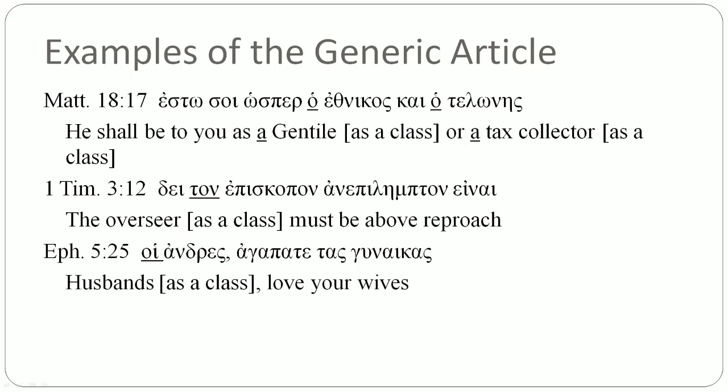The overseer, and here's a good example of lots of Greek rules are meant to be broken. The textbook translates this as the overseer. I wonder if it would also be okay to translate as an overseer. Okay. As a class, an overseer must be above reproach. Overseer in this case is like a minister, or I'm talking about church offices, pastor, leader, okay, overseer.